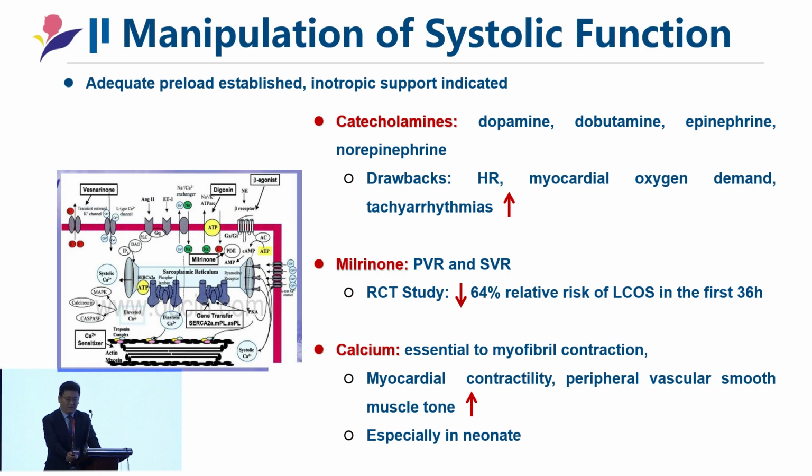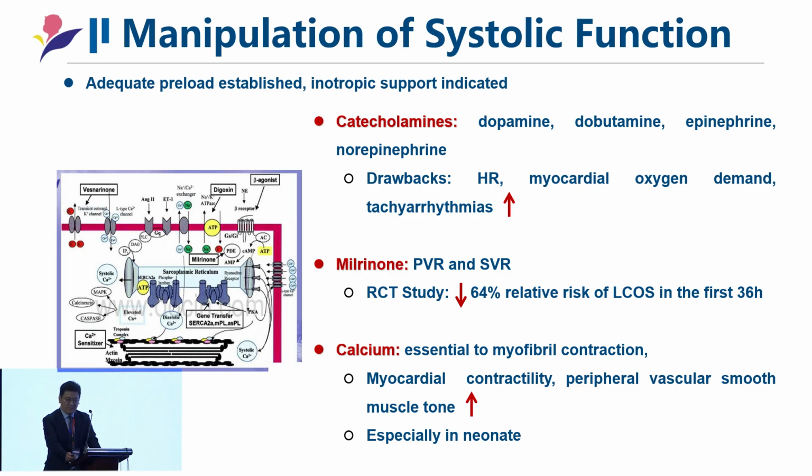Once adequate preload has been established, inotropic support is indicated. Catecholamines such as dopamine and epinephrine are first-line inotropes, but can increase the heart rate, myocardial oxygen demand, and arrhythmia risk. Milrinone reduces both pulmonary and systemic vascular resistance.